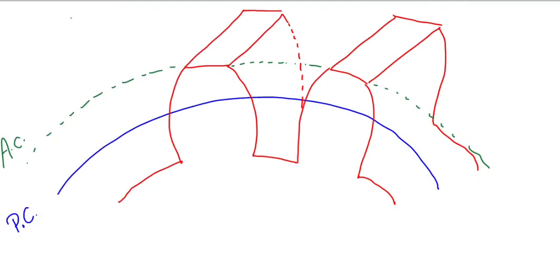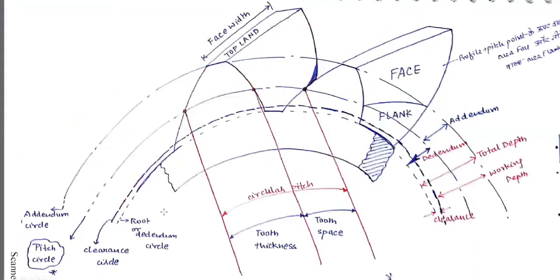There is a dedendum circle also, so that we can understand where this dedendum circle is. This dedendum circle lies just at the bottom of the teeth, below the root, the bottommost part.